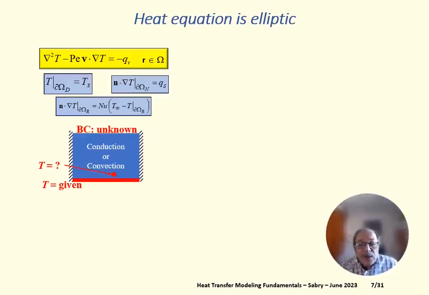So because this heat is a diffusion problem, physically speaking, and because it's an elliptic problem, mathematically speaking, we cannot predict the temperature anywhere inside the domain if we do not have boundary conditions everywhere at the boundaries of this domain.